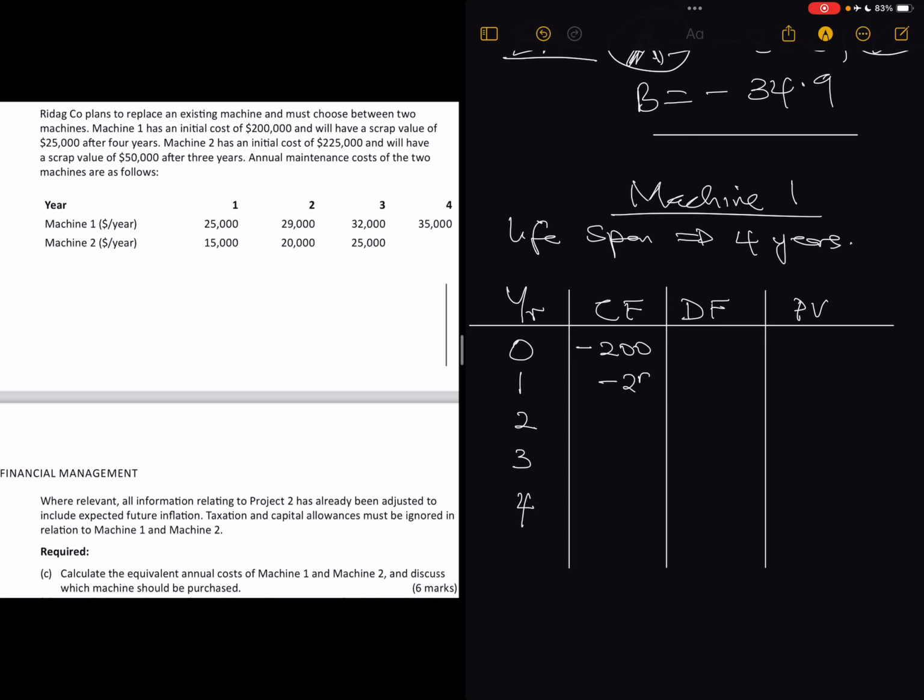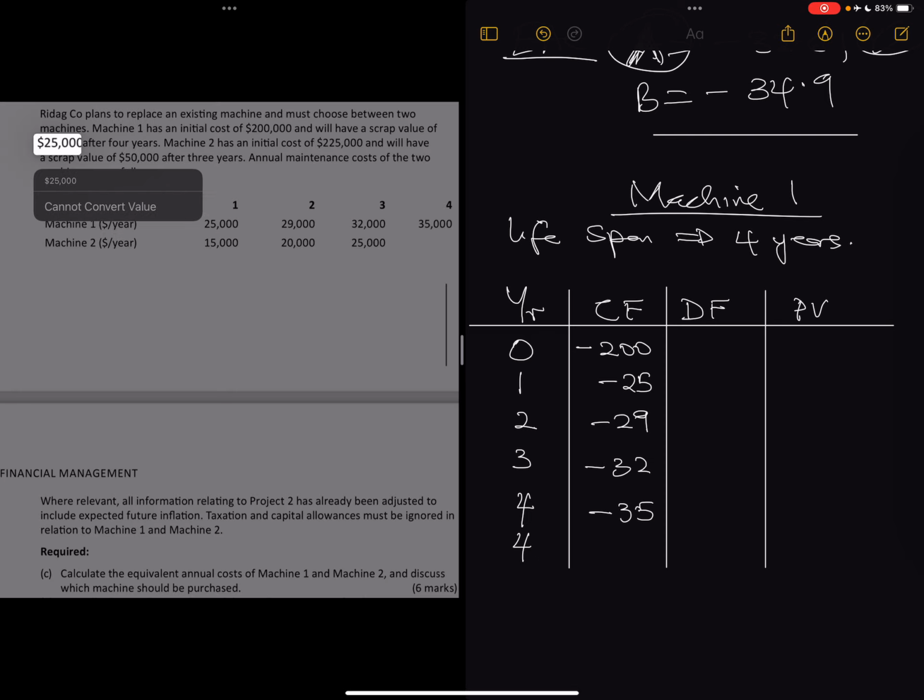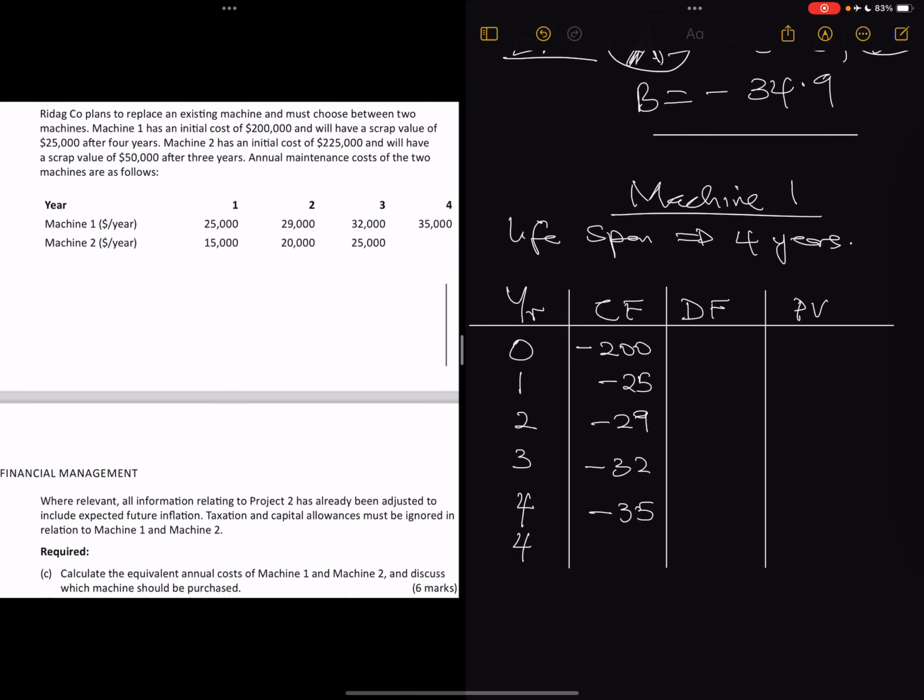Minus 25 in year 1, minus 29, because they are costs, so they are negative cash outflows, minus 32 and minus 35. However, in that same year 4, we're going to have another cash flow, which is the residual value of 25,000, but that is an inflow, so that will be plus 25 in year 4 as well.